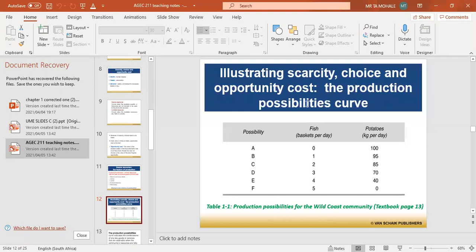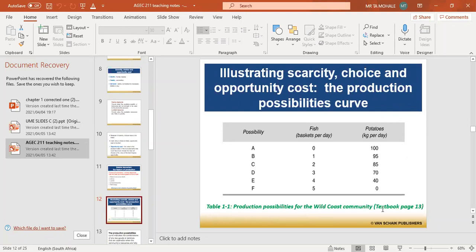Therefore, when we define production possibility curve, we will say it is a curve that shows the combination of two commodities, or of two goods and services that are achievable or attainable when a society's resources are fully and efficiently used, utilized, or employed. I'm going to repeat myself.